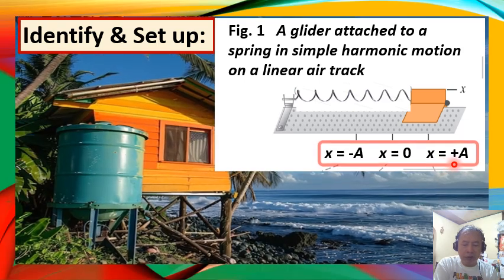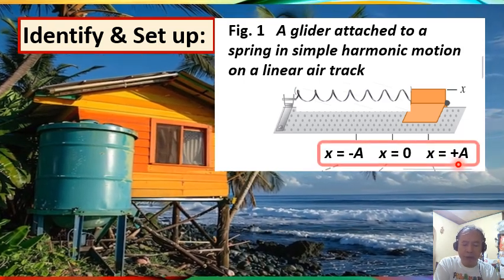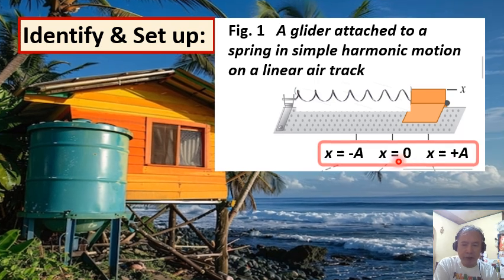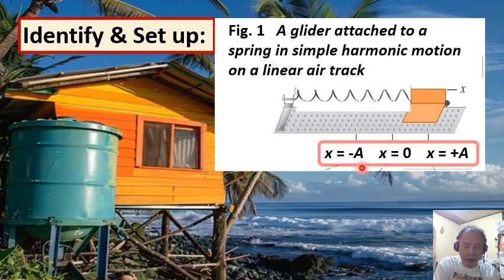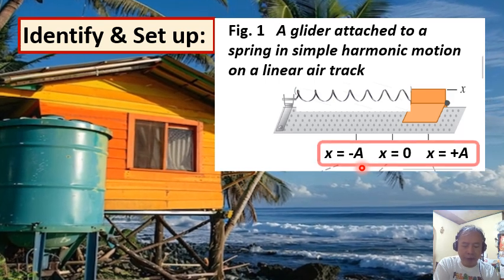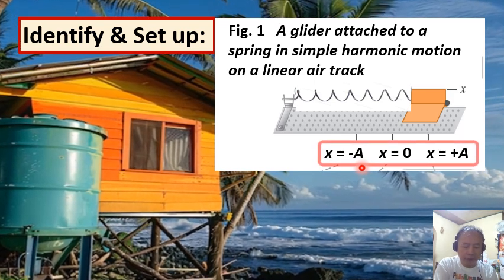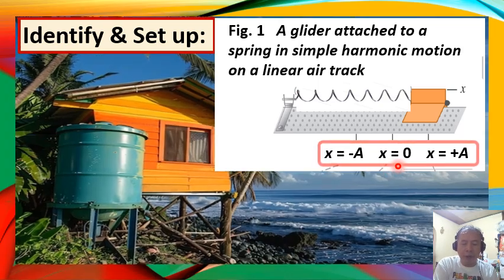X equals positive A is the maximum positive displacement, and x equals negative A is the maximum negative displacement. The glider is in simple harmonic motion.